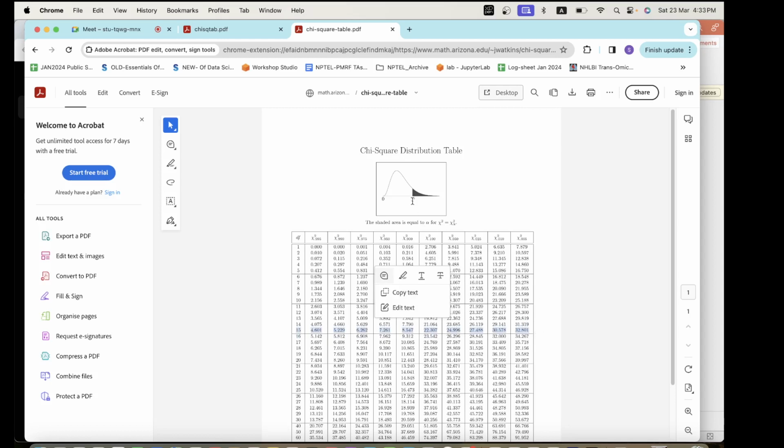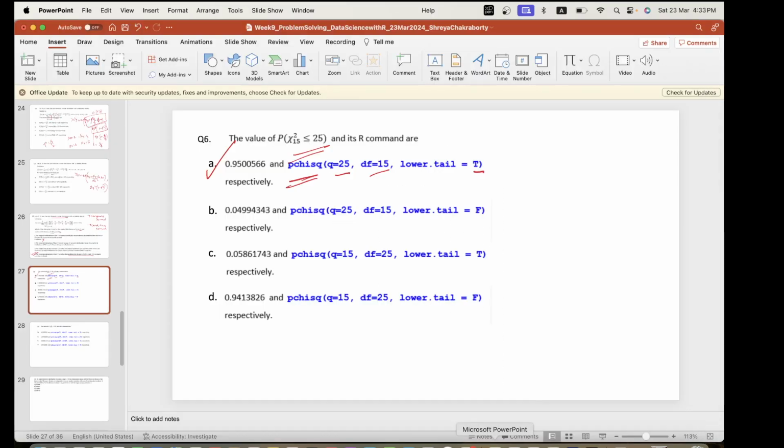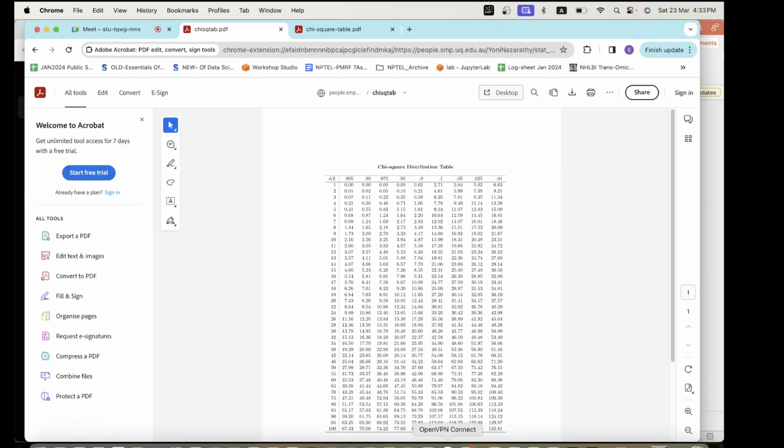So if we wanted chi-square 25, right? What was the value that we wanted? Probability chi-square 15 is less than or equal to 25. Now let's say instead of 25 we are given one second.